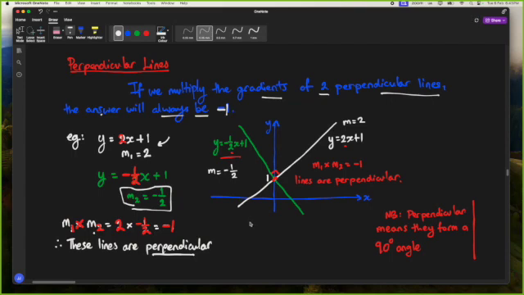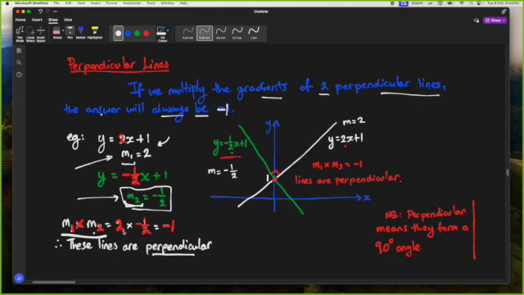The question will ask you to show that these two lines are perpendicular, that they are at 90 degrees. How could we tell that? You just take the gradient of the first line, let's call that m1, and the gradient of the second line, m2. All you need to do is multiply m1 by m2.